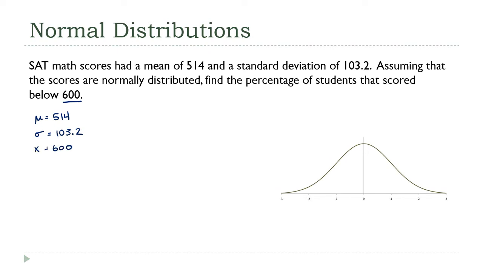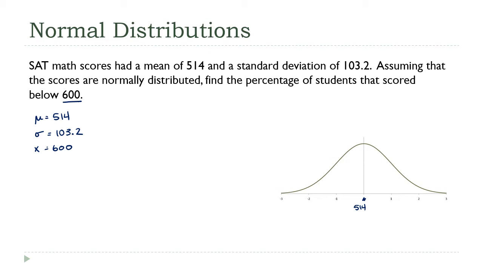Let's go over my diagram. Step number 1, draw a picture. This is my standard normal distribution graph, and I know that my mean here is not 0, it's 514. My data value that I'm looking at is 600.